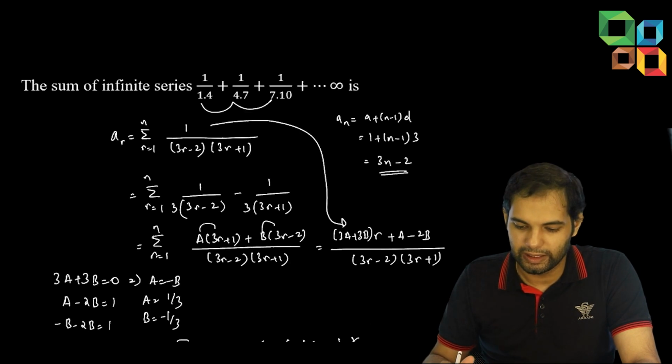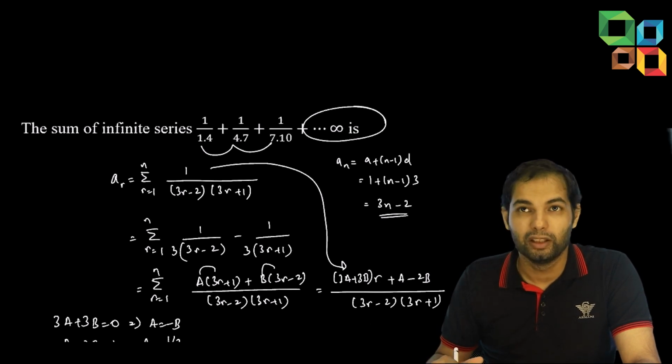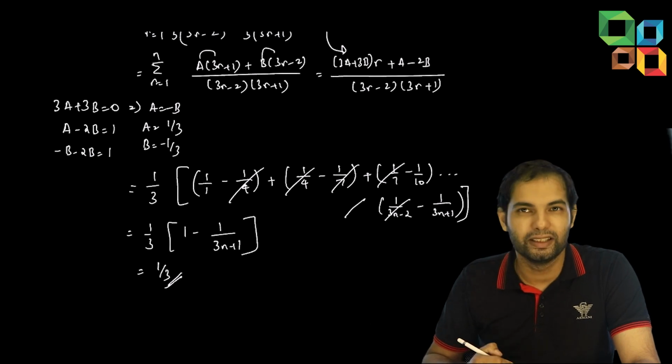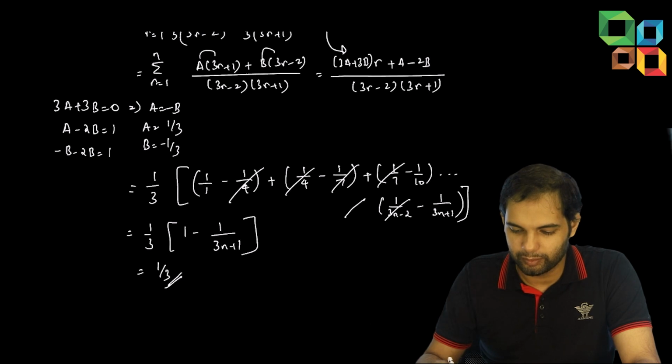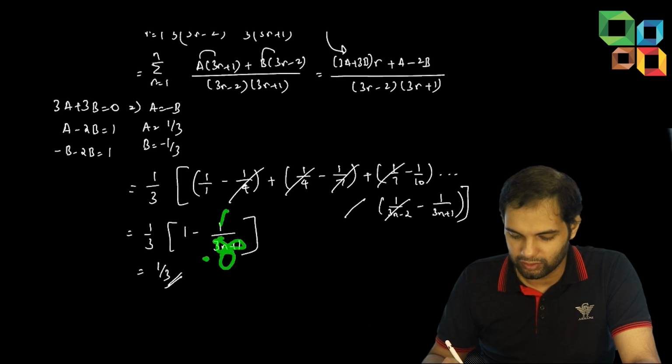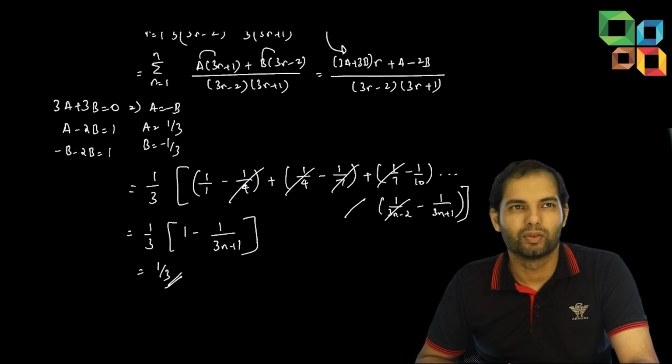Why? Because we are taking the sum up to infinity, not up to n. If it was up to n, we would find the LCM and stop there. Now, as they asked up to infinity, n goes to infinity. The first term is a constant anyway, and 1 by infinity is 0. So minus 0, this entire term is 0. So 1 by 3 into 1, which is 1 by 3.